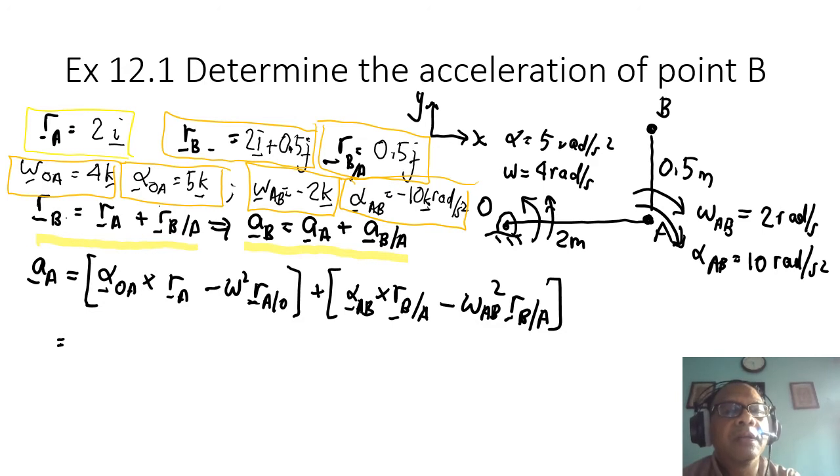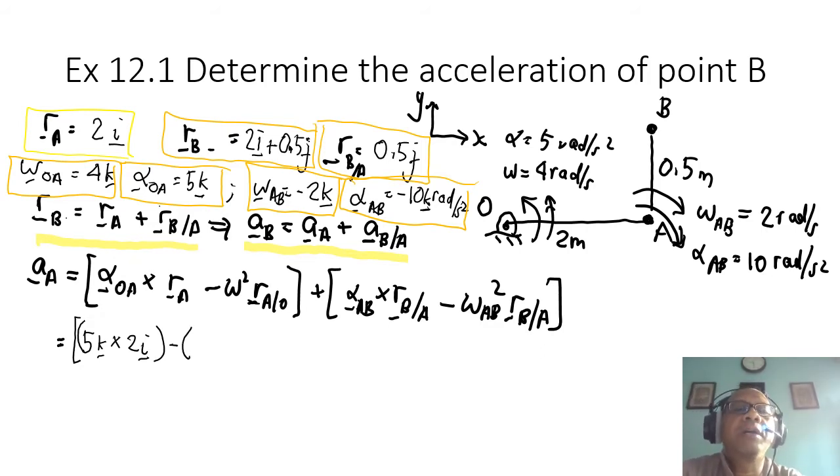Let me clear this. So alpha OA, we know alpha OA is 5k. We know RA is 2i. Then we have minus omega square, omega OA is 4, position vector A is 2i.